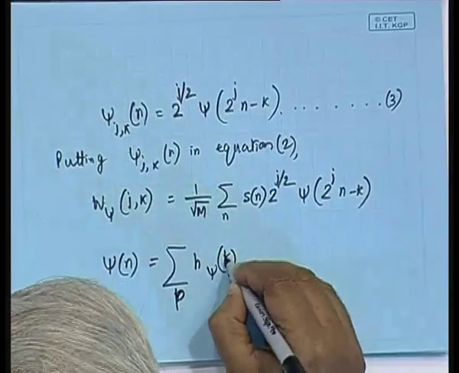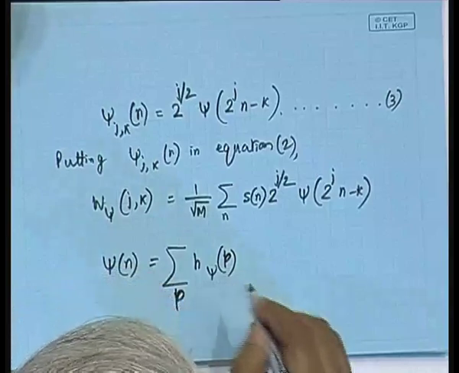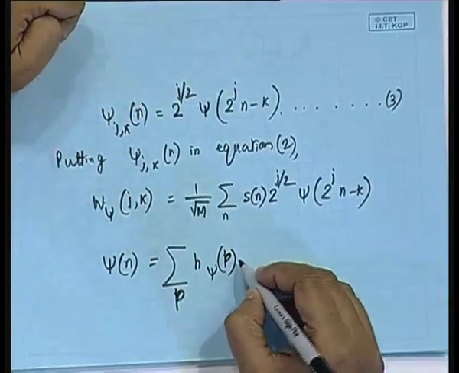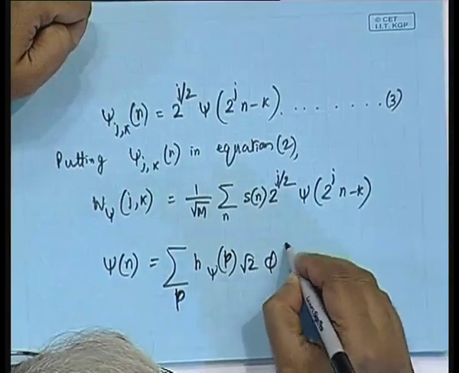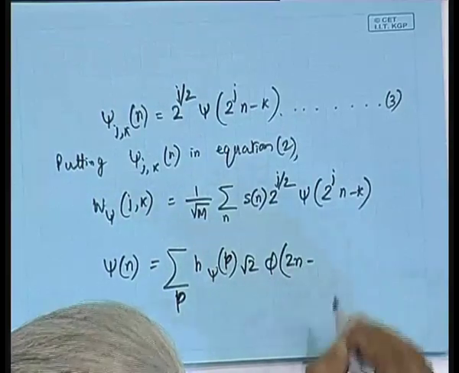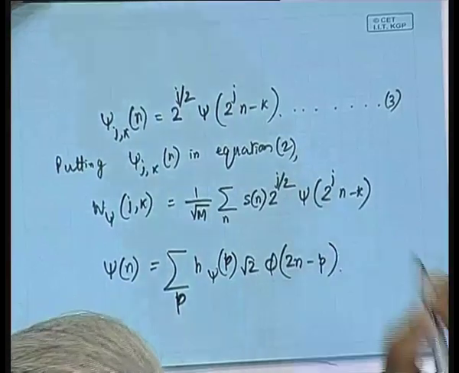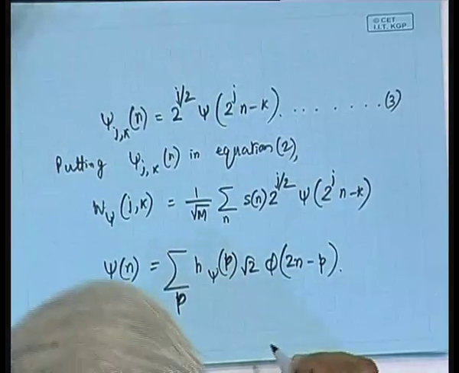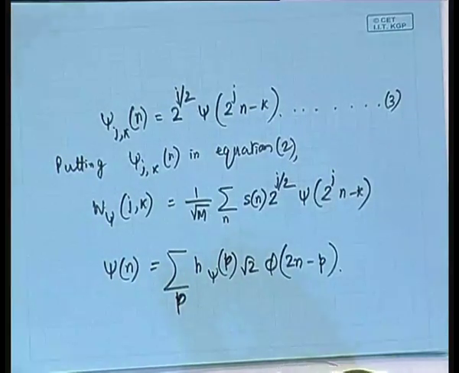Let me write it as p. So, h psi of p, and then root 2 phi of 2n minus p, since you have introduced p. So, this is psi of n that I now have.